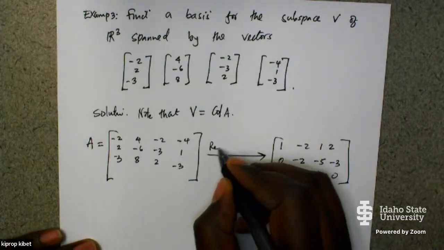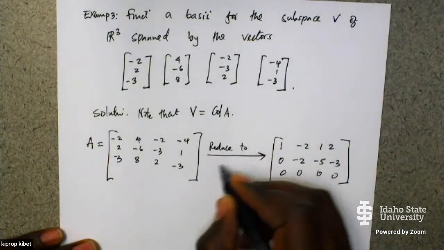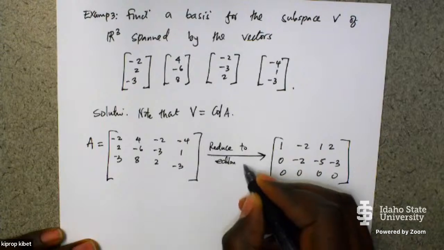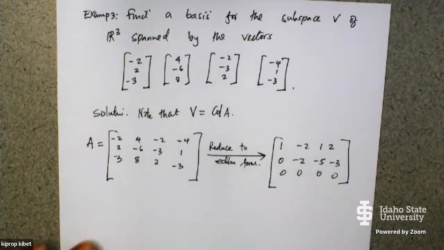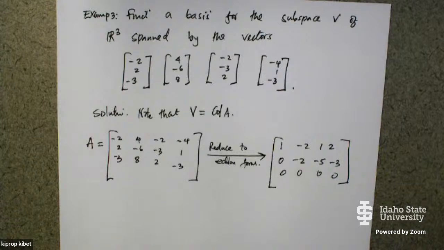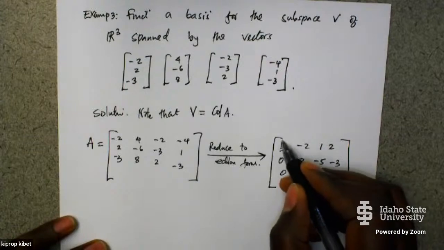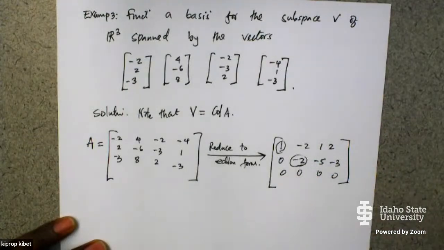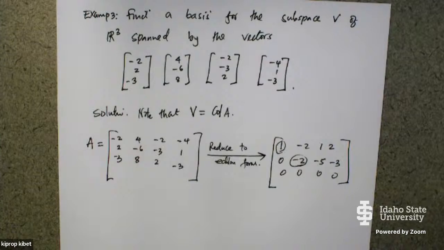So we reduce to echelon form, and we get that. The vectors which have the pivot positions are this and this. Those are the two vectors which have the pivot positions.